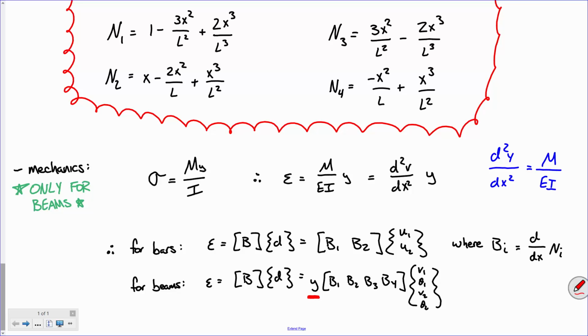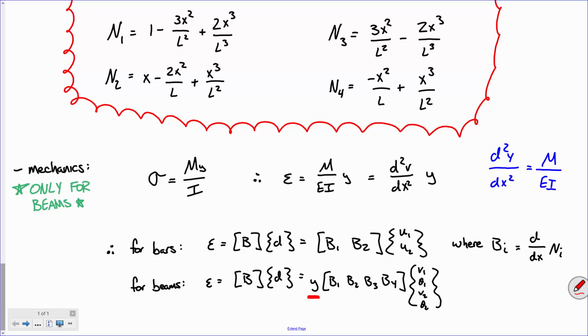So, look at this. See how for bars I have B1, B2, and that times that, but for beams I've got that little y sticking out there? Everybody see that? That is important. Now, another thing that's important, for bars, I took the first derivative. What am I going to do for beams? The second derivative. There we go.